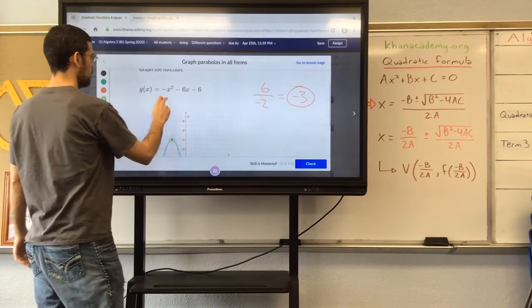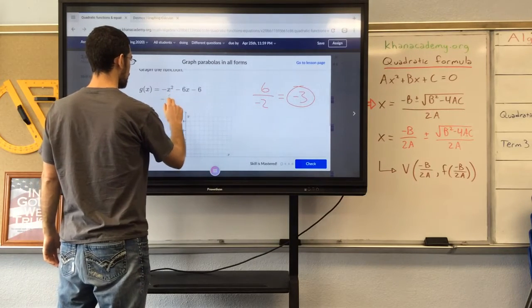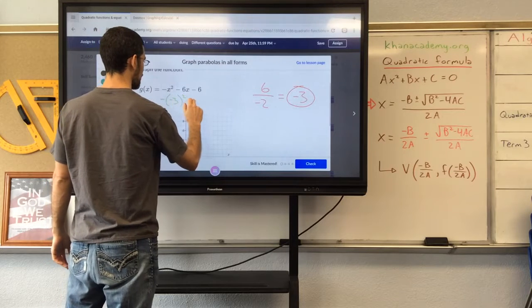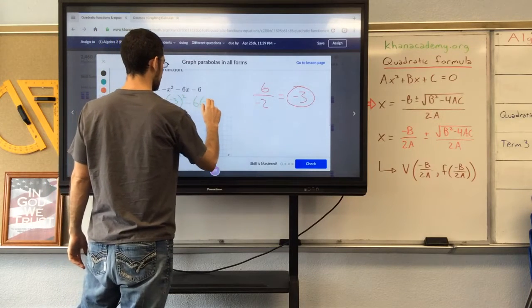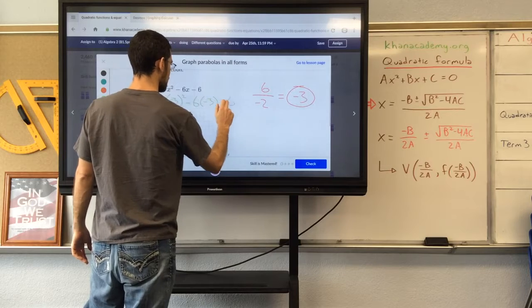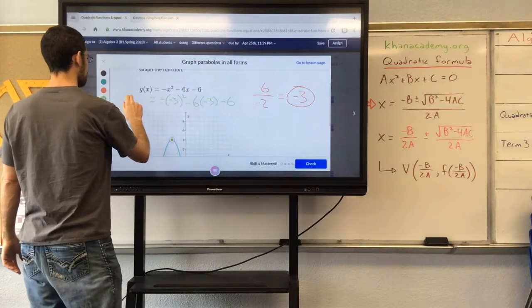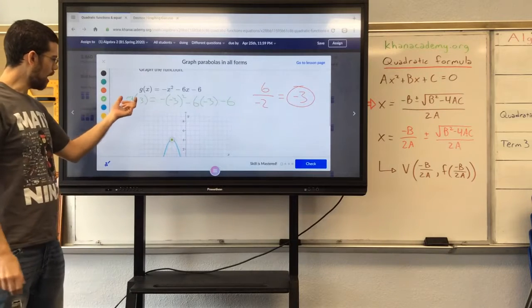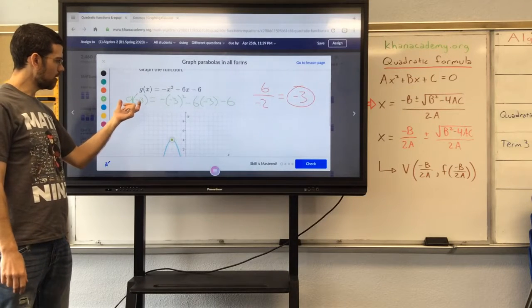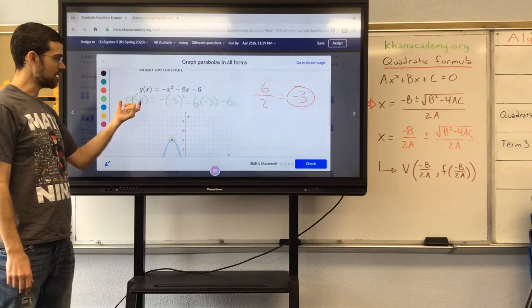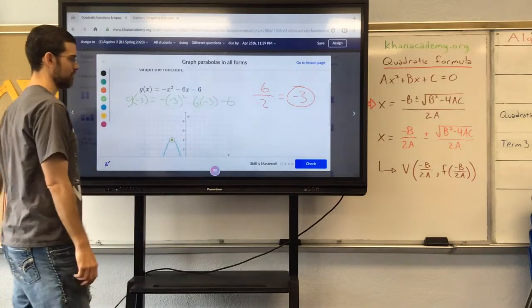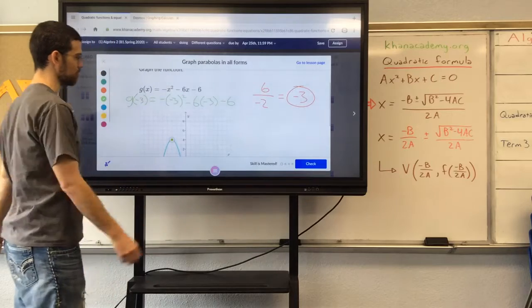Okay, so negative times -3 squared minus 6 times -3 minus 6 equals g of -3. So my y-coordinate of my vertex, which has an x-coordinate of -3, will be whatever that number evaluates to.